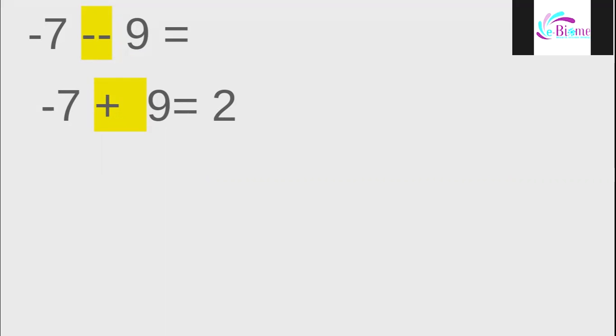If we have 9 items and we take away 7 items from the 9, how many items do we have left? So we would have 2 items remaining.